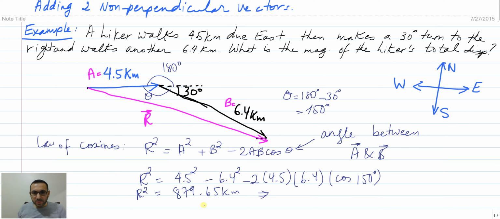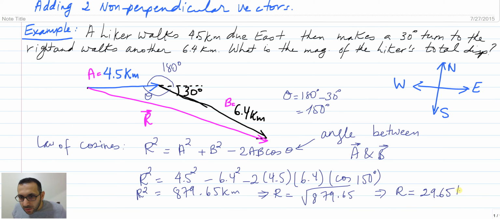So R is the square root of this answer, which is 29.65 kilometers.